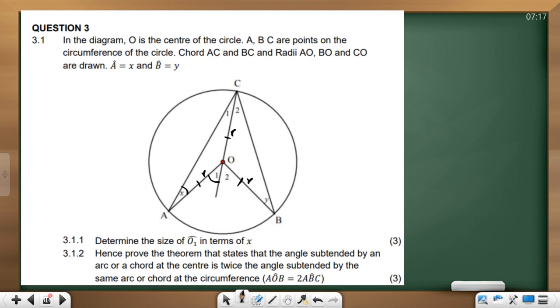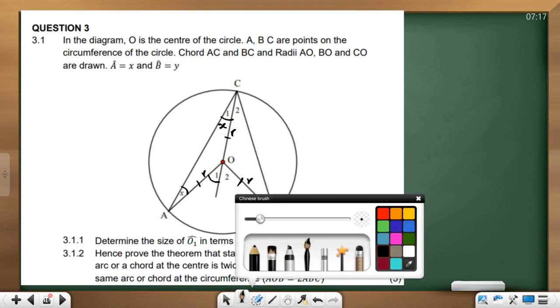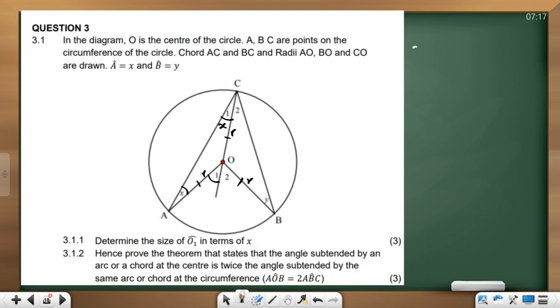Okay. This is giving us x. Automatically, that would be x. Why? Angles opposite, equal sides. So, I'll say that they've already given us the radius. So, I'll just go ahead and say C1 is equal to x. Angles opposite, equal what? Sides. And then I know my O1 is an exterior angle.